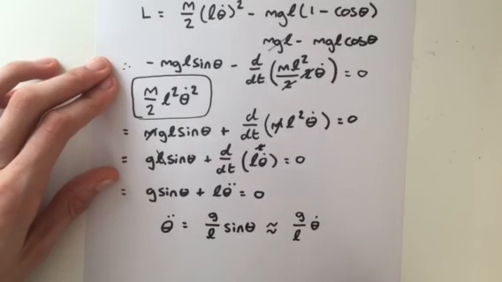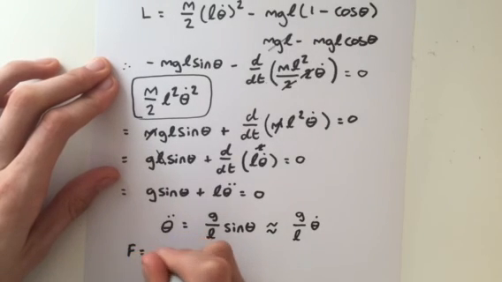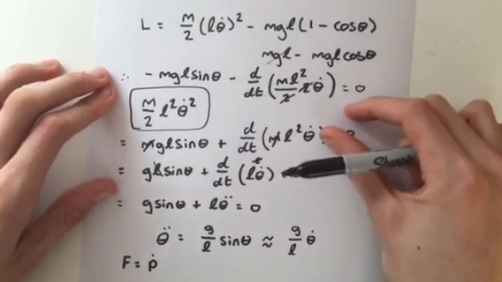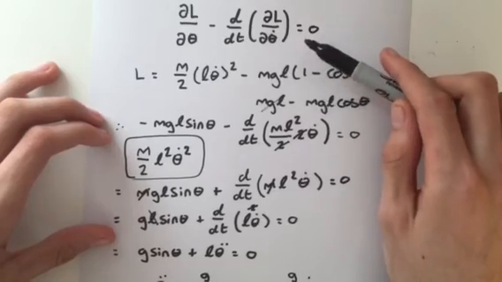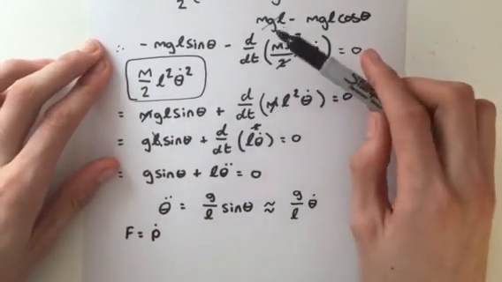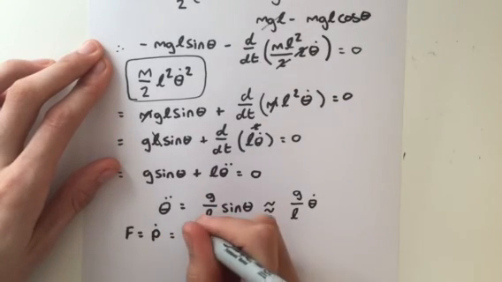Now, I'll quickly do this as an extra, but we know the force is equal to the rate of change of momentum. Now, I'm trusting you that you know the Euler-Lagrange equation. So, force is equal to the rate of change of momentum. Therefore, force is going to equal dL by d theta.